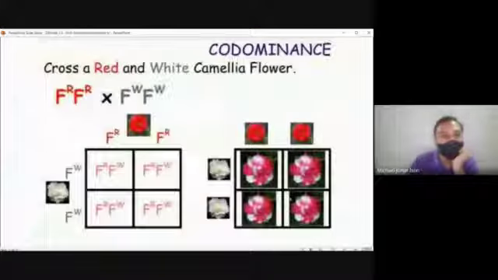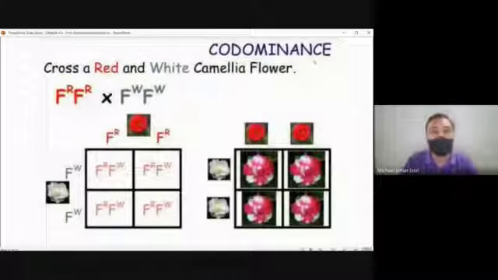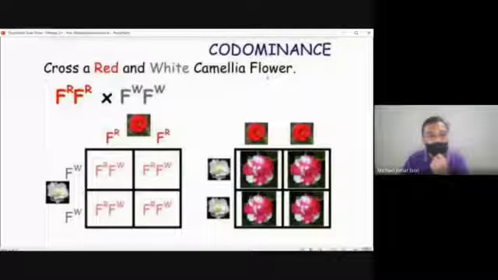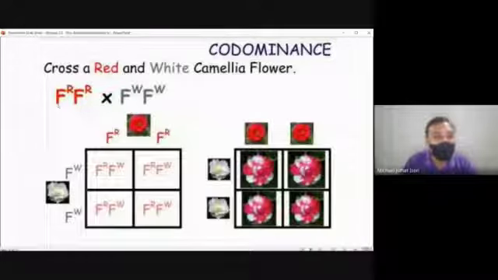This is codominance in the camellia flower. So this is a cross for a red and a white camellia flower. For the red, FR would be the symbol for the red allele, and FW will be the symbol for the white allele. So if you combine them together, you have a true breeding red crossed with a true breeding white.